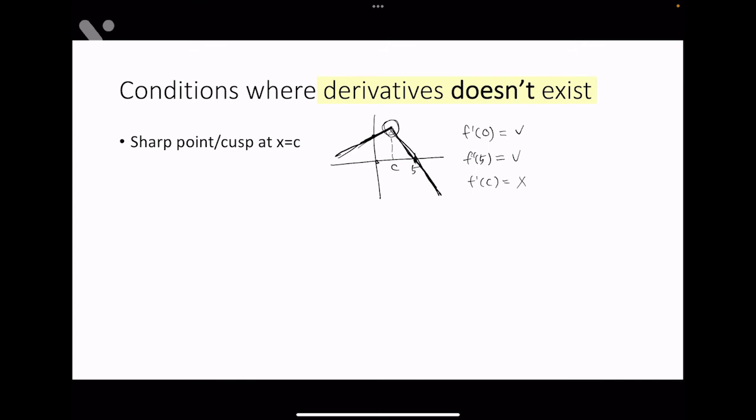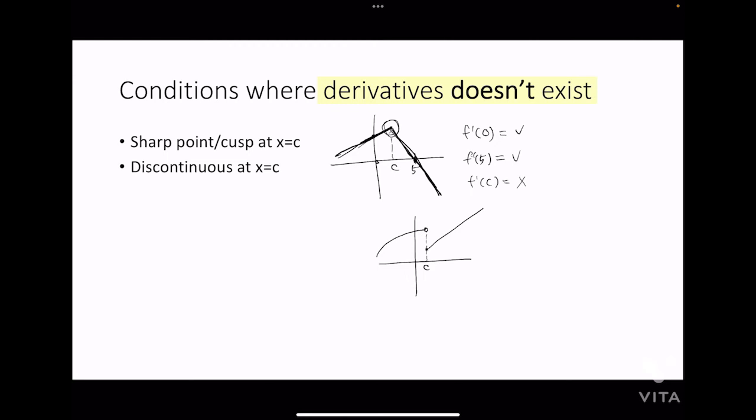Okay? Then the next condition is when a function is discontinuous at x equals c, derivatives don't exist. For example, if we have a function like this, derivatives don't exist at this point. This is kind of more obvious.